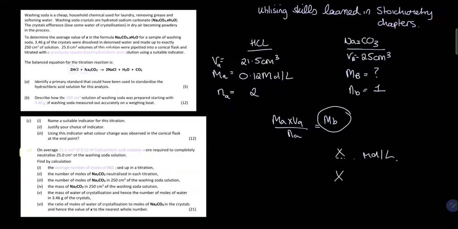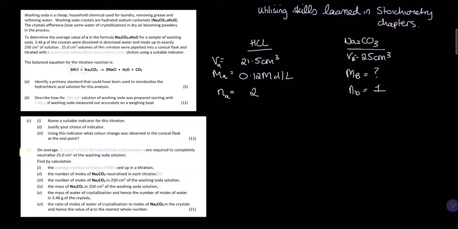You can figure out how many moles are in the 25 centimeters cubed of the solution, and that would be answering this section here. But if we're using first principles, we're just going to skip that part and work away with what we have.